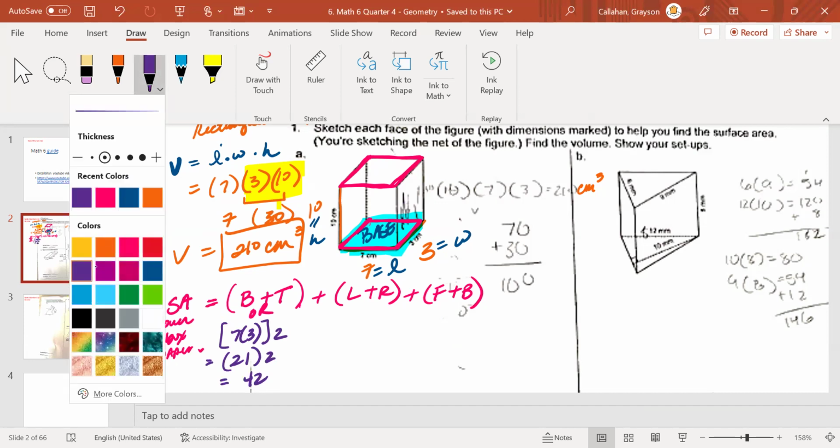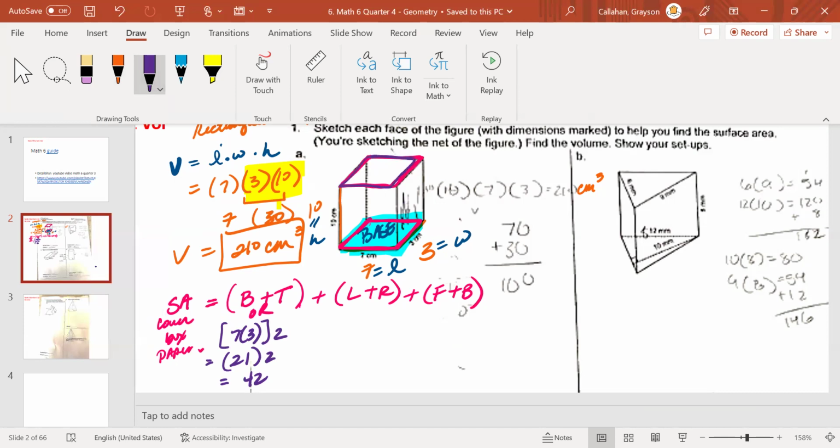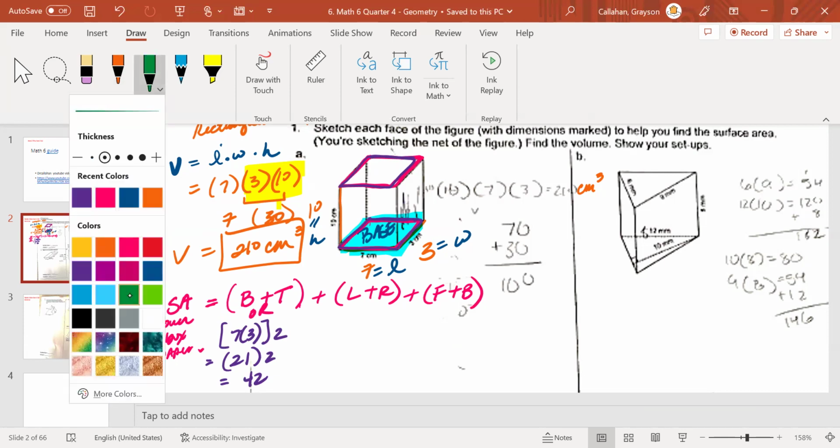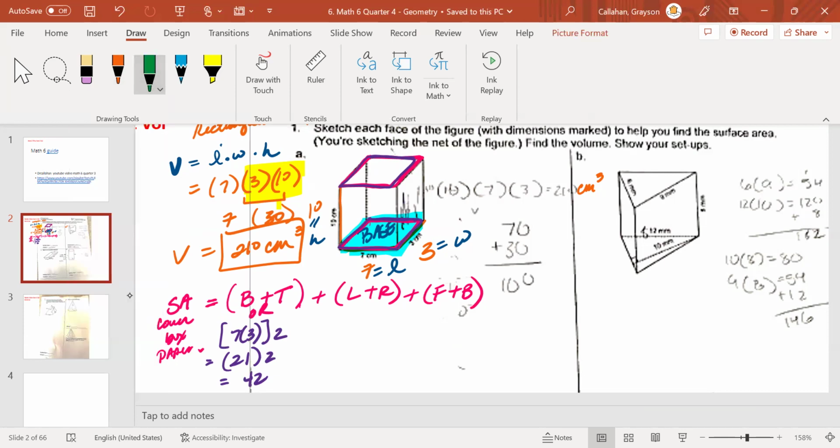So this right here is the base. I'm just going to use the same color so that it's easier for us to follow along, right? Purple. Left and right. Which 2 numbers make left and right? Like the left and right side of your box that you're going to cover with wrapping paper. Ten and what?